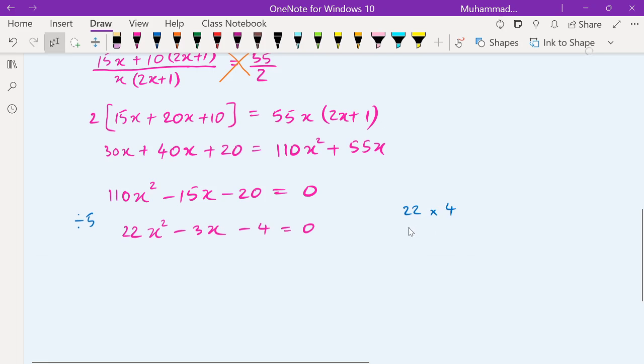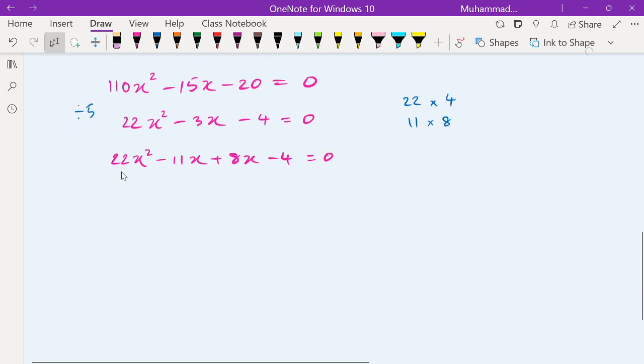You took 2 out of this and times it over here, 8 and 11, and they have a gap of 3, a difference of 3. So what can be taken common here? 11x, 2x.